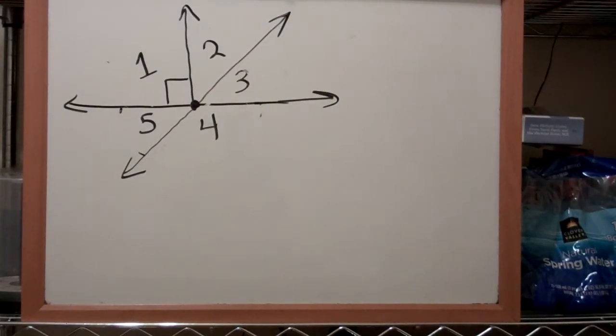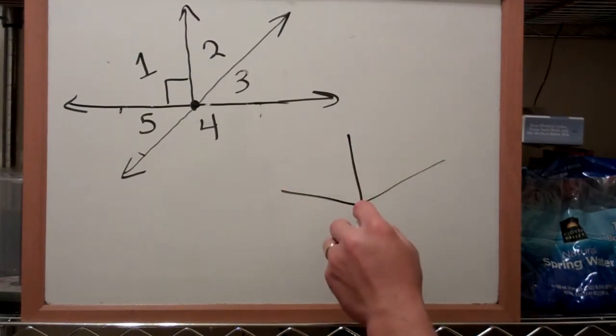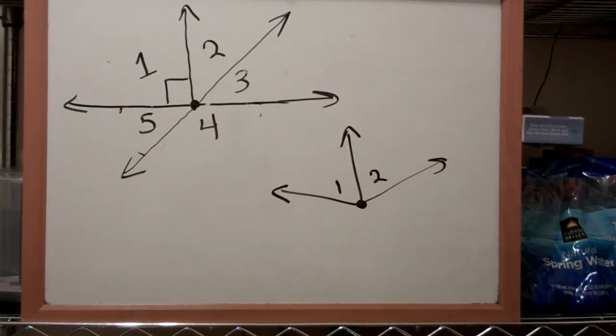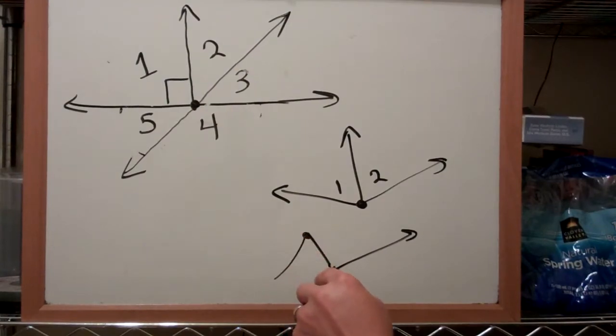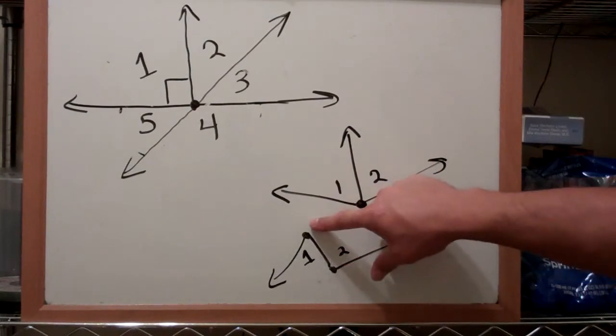Next we'll talk about adjacent angles. Adjacent angles are angles that share a common side and a common vertex. Here's angle 1, here's angle 2. This would be an example of adjacent angles. If I say angles 1 and 2 here, these are not adjacent angles because they don't share the same vertex.